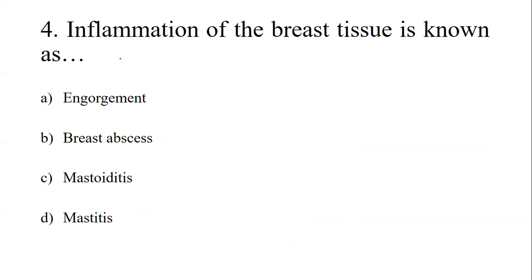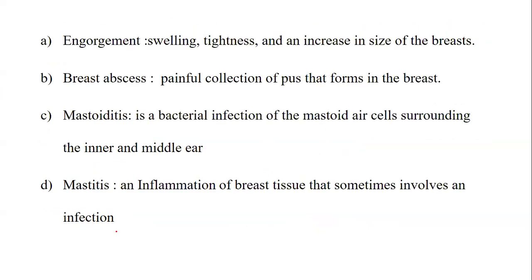Next question. Inflammation of the breast tissue is known as: the options are engorgement, breast abscess, mastoiditis, and mastitis. So we can see each one in detail. Breast engorgement means swelling, tightness, and increase in size of the breast.